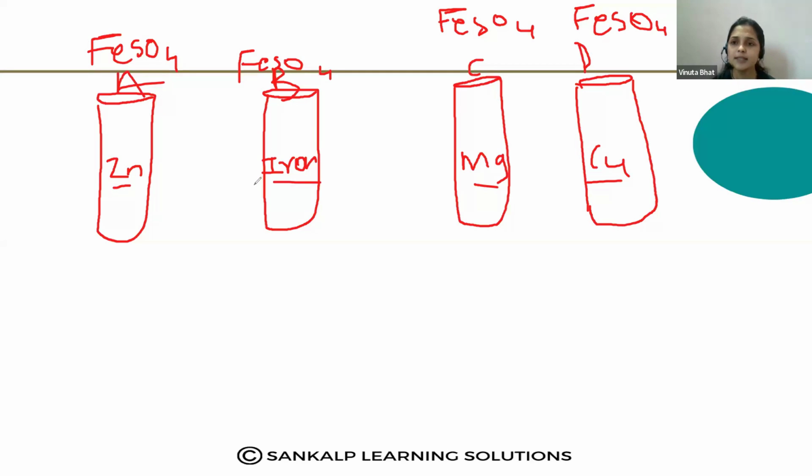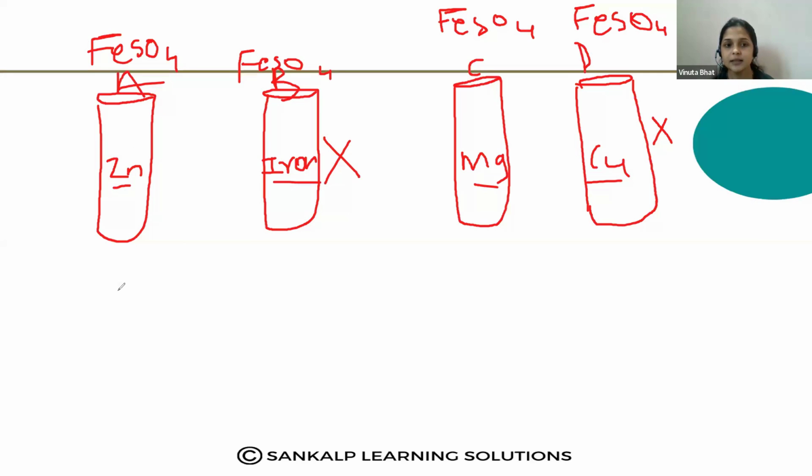So in all these test tubes, does a reaction take place? Is it possible that in all the test tubes the reaction takes place? Okay, let us check where the reactions take place. Here, in test tube B, the reaction will not take place and in test tube D, the reaction will not take place.